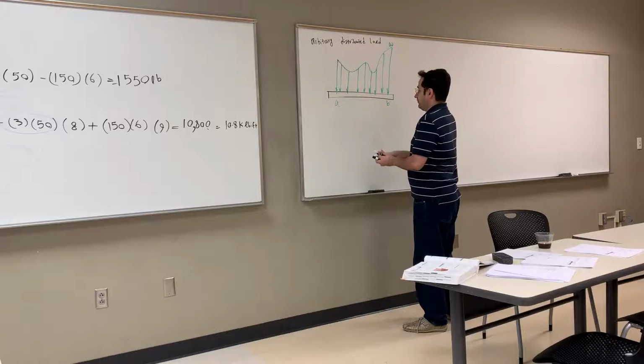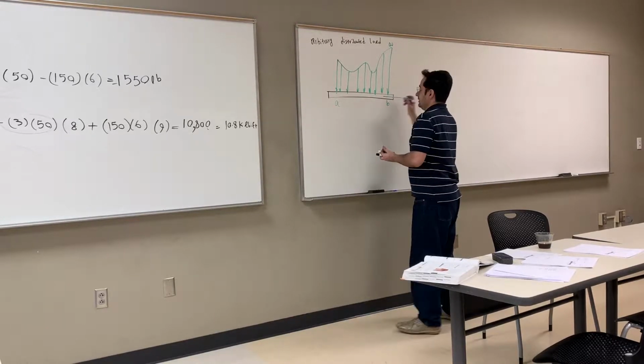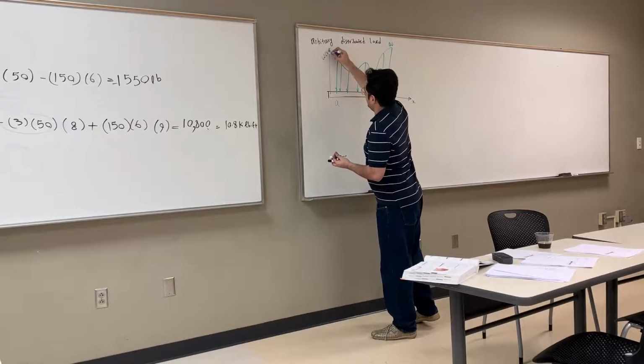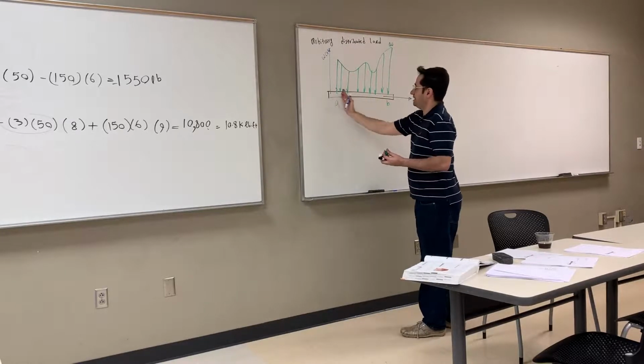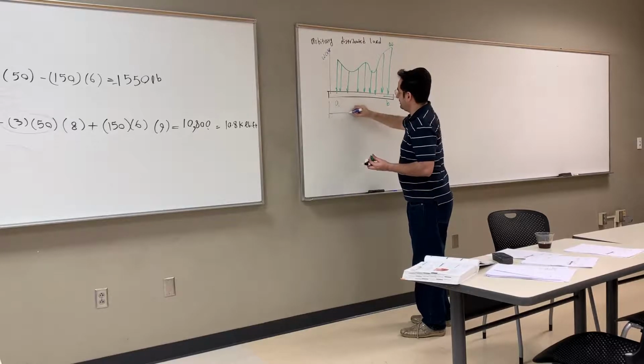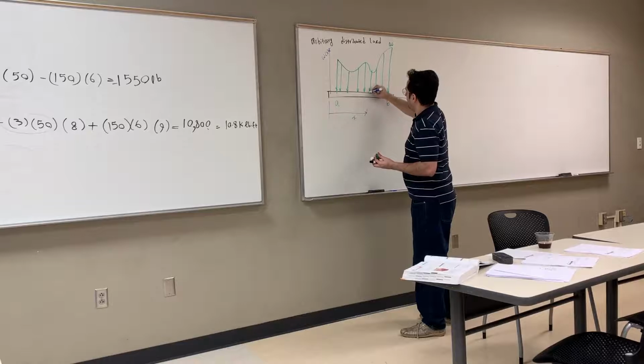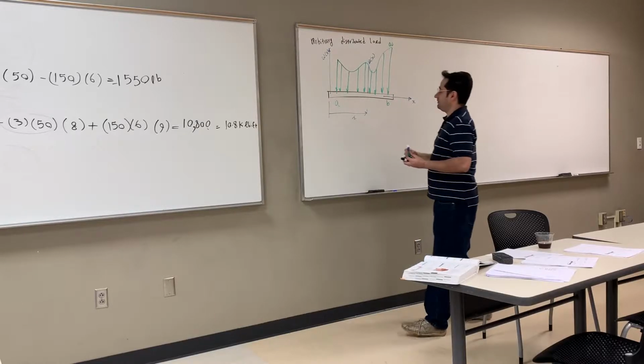So if you put your coordinate system here, if this is x, this is the value of load, omega x. So at each location x, starting from here, the height of this is omega at x.